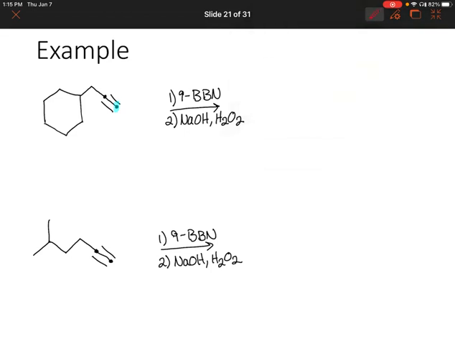Now I'm just going to number my carbons on this substituent just so I can keep track of how many there are. Okay, so I've got a ring, and then I have 1 carbon, 2 carbons, and then 3 carbons, and then that's what my aldehyde is attached to. So 1, 2, 3.